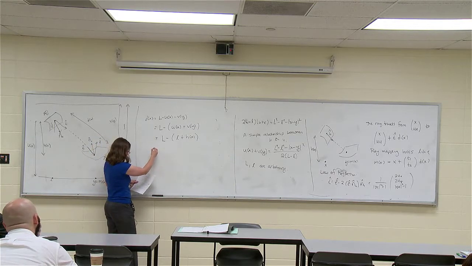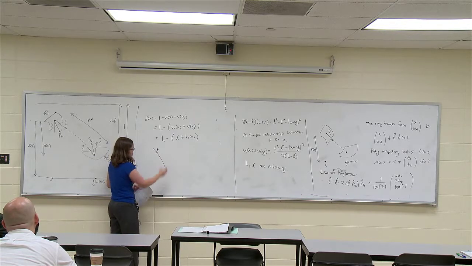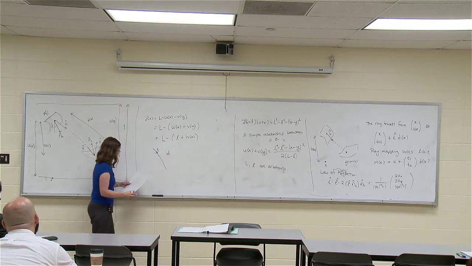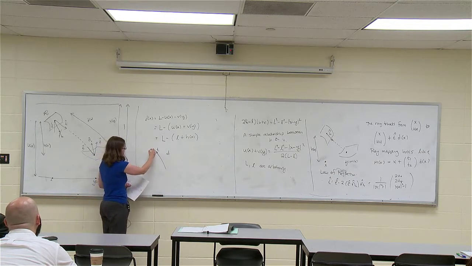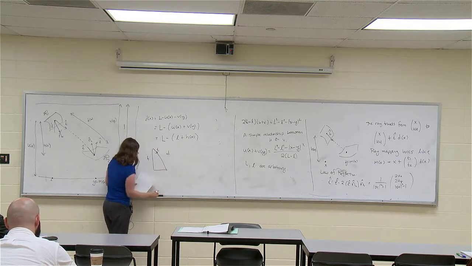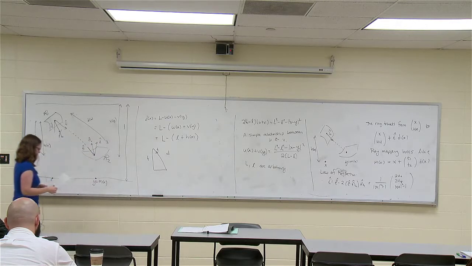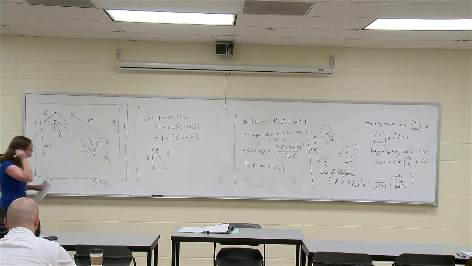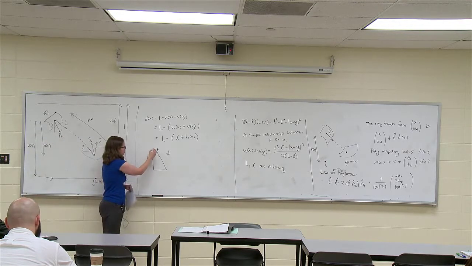This direction was t, and we have a distance d. This distance was h, and this distance was our x minus y. Okay, this vector is minus z hat. This vector is t hat.